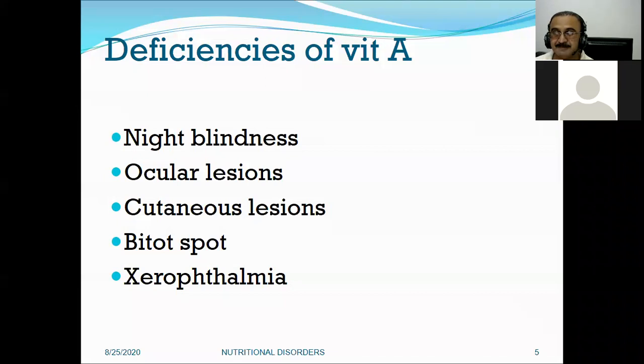They may suffer from night blindness due to deficient intake of vitamin A. There may be ocular lesions, cutaneous lesions, skin disorders, dark spots, xerophthalmia, eye changes. These are the most common deficiency disorders of vitamin A deficiency.